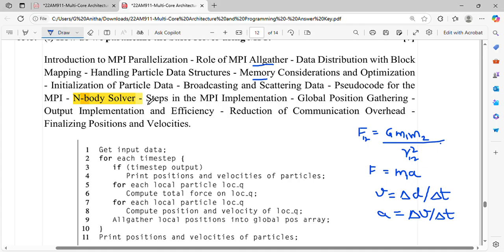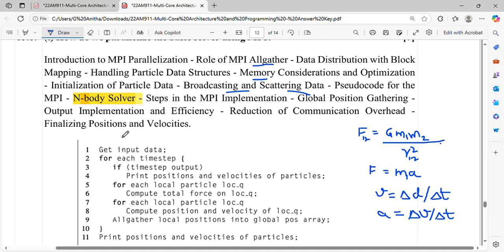At the start, the particles' positions have to be initialized. We can assume that initially the particles' positions are known. Next, we have to broadcast and scatter the data, in order to make all the other atoms aware of the different atoms' positions in the code.